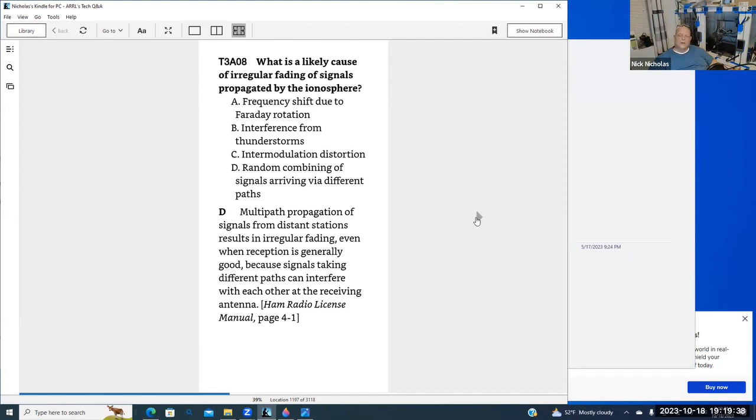And so you can get a little distortion. You may not realize that it's because there is the tiniest amount of delay in one signal over another, but it will give you that effect of fading and fading out as well. So it's because of multipath propagation that you get a random combination of signals arriving via different paths. One might be reflected around something, one might be bounced off something else, and one might be coming directly at you.